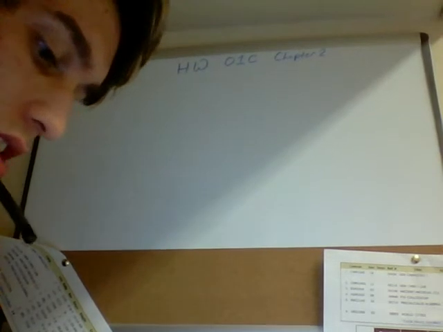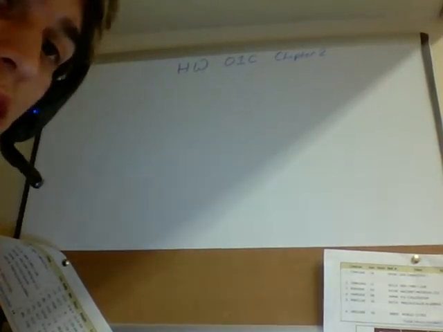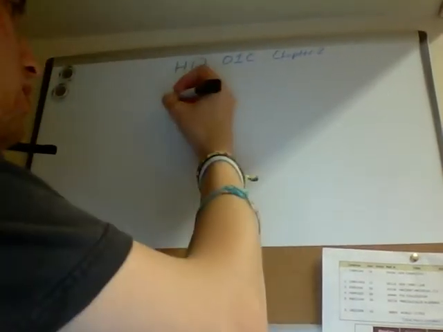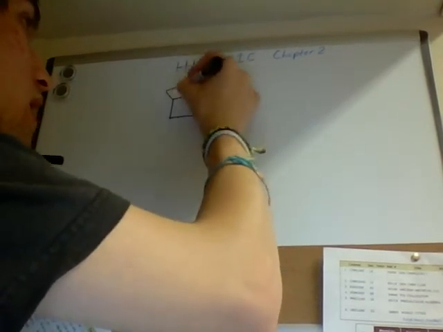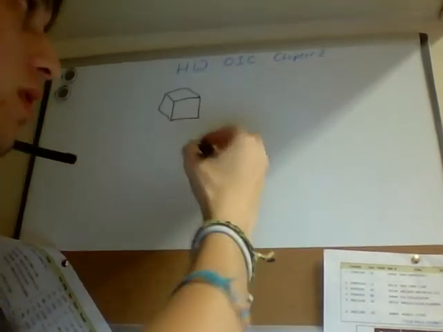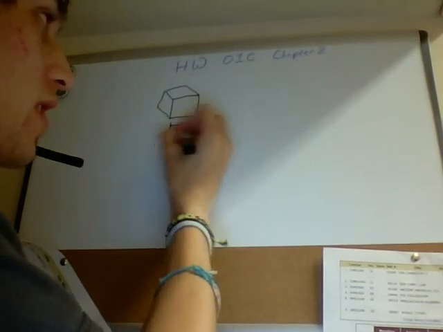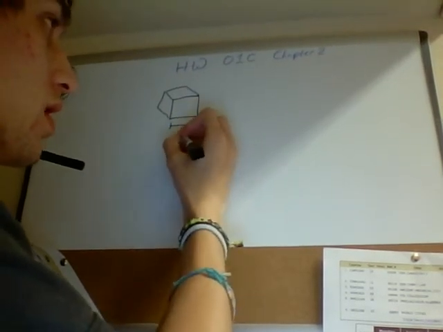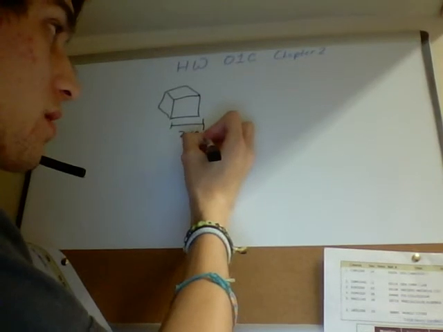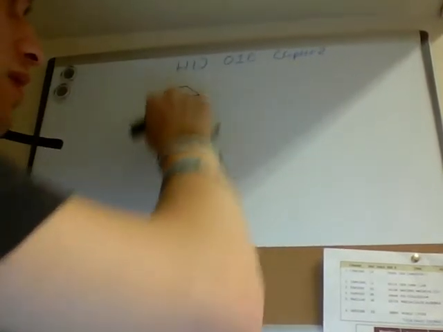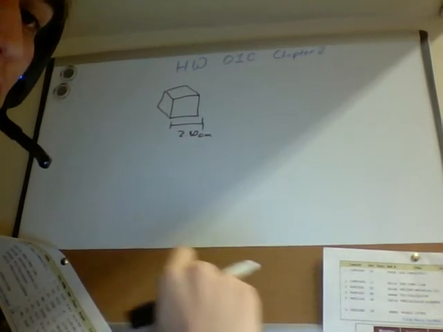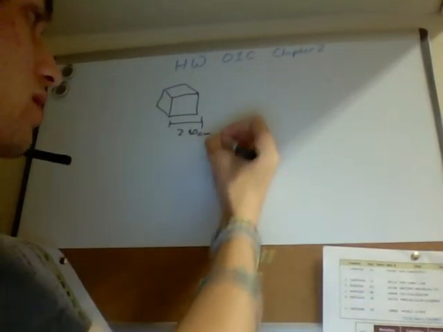So it starts off by saying it's a cube. Obviously, you know how a cube looks. It's three-dimensional, but it only gives you one edge value of 2.8 centimeters. So to get the volume of the cube, we're going to need to cube it.